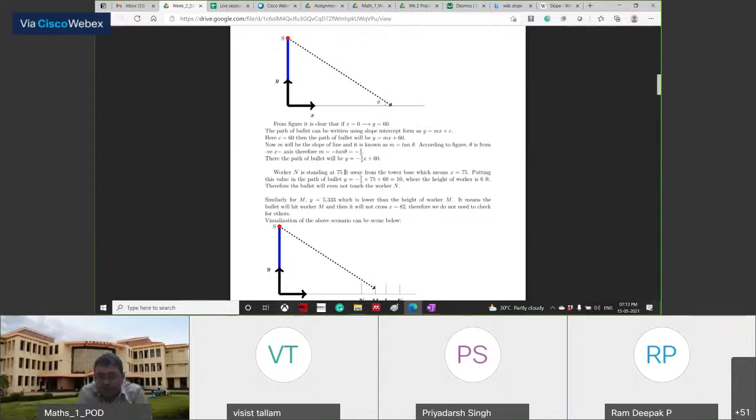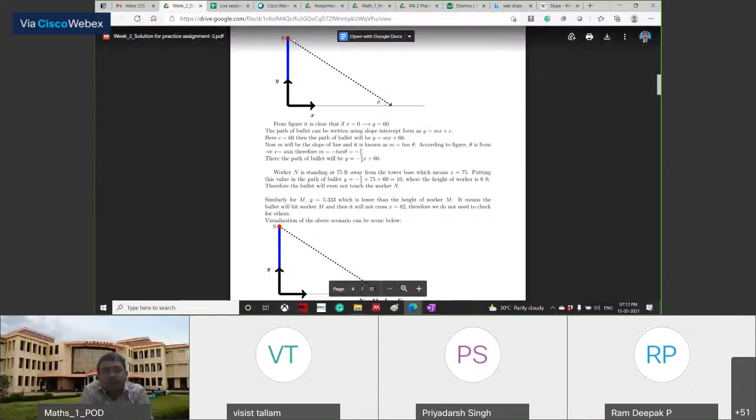I wanted to ask, that angle which we are taking from the x-axis, can't we take that angle from where the sniper is sitting with the horizontal? So like you are telling, as a parallel.